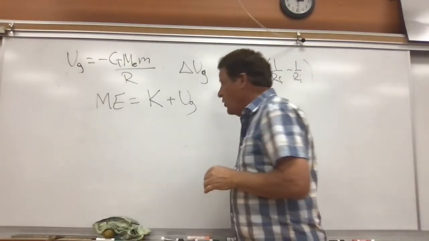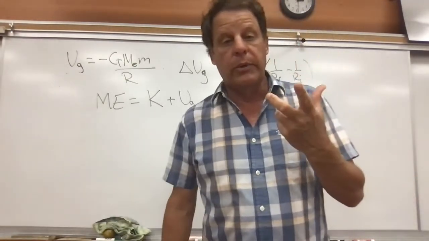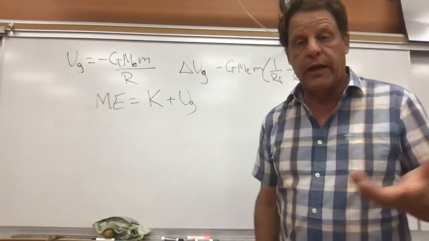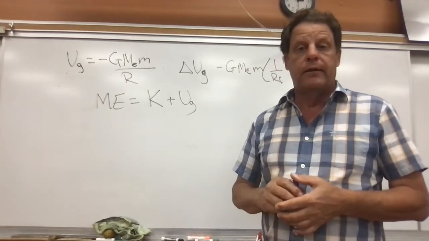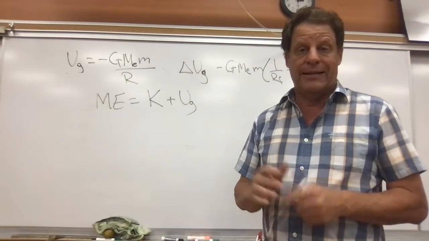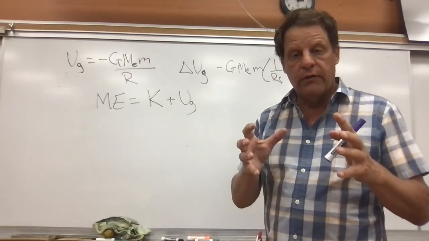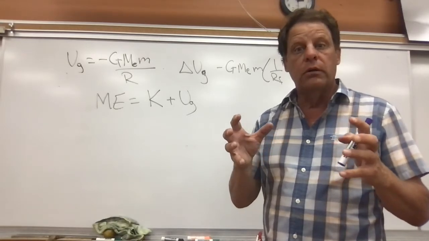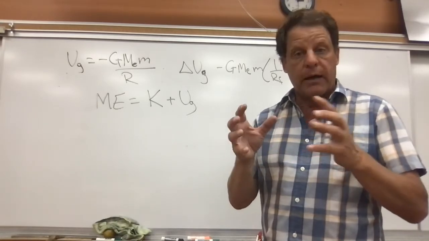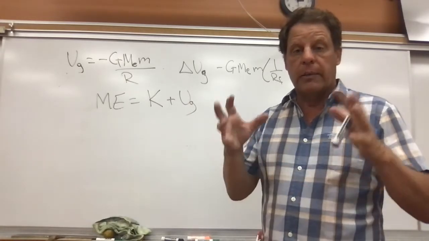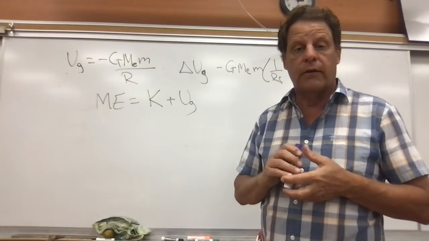Now, whenever we talk about mechanical energy, what are we forgetting? What we're forgetting is internal energy, temperature, the oscillations of the chemical bonds going back and forth because they're vibrating around. We are ignoring all that. We're just talking about essentially this macroscopic stuff.